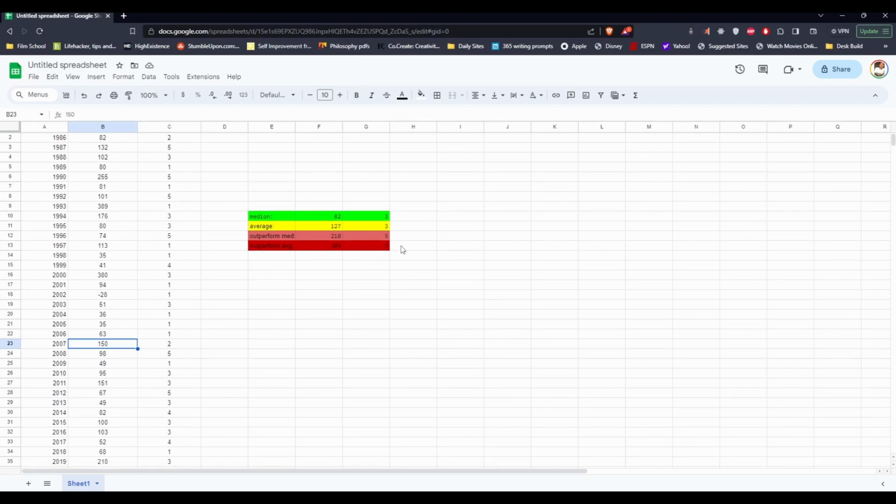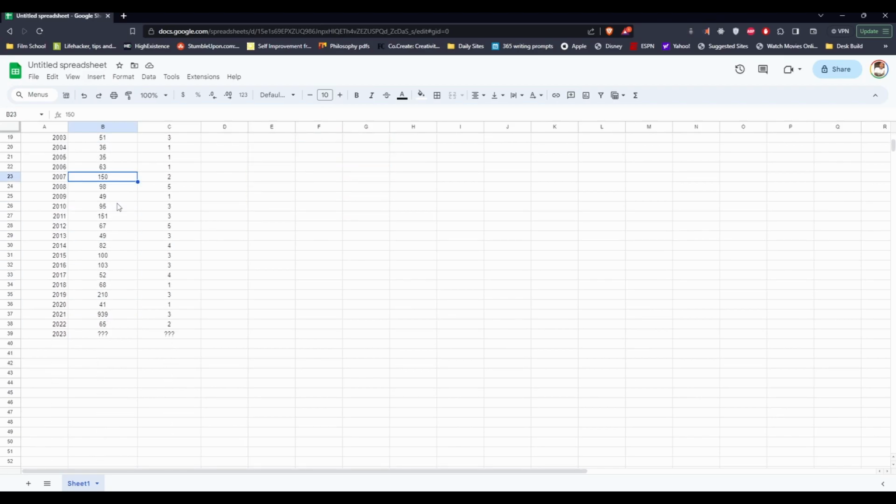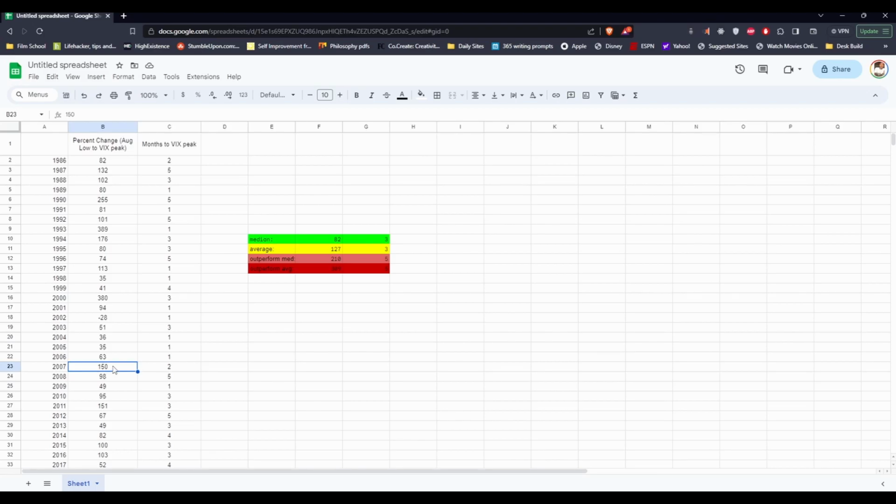And then you can look over here and see that for all of these years from 1986 to 2022, from the August low to the VIX peak into the end of the year, there was a median of 3 months and an average of 3 months time span. The median percent change was 82%, and the average percent change is 127%.